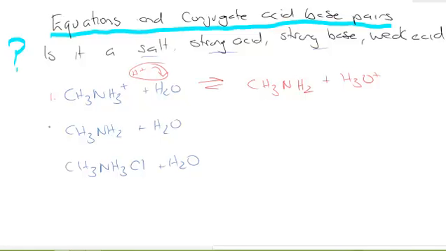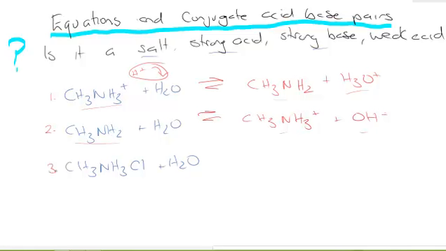CH3NH2, this is the amine, and again we've got the equilibrium sign, and that's going to make CH3NH3 plus, and will form some hydroxide ions. Now remember, most of what's present here is on the left hand side, the reactant. In both cases, it forms very little in the way of the products on the other side.